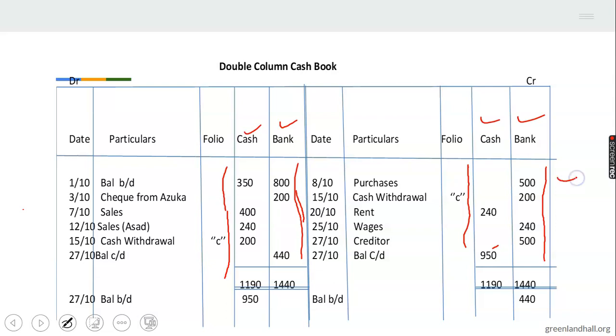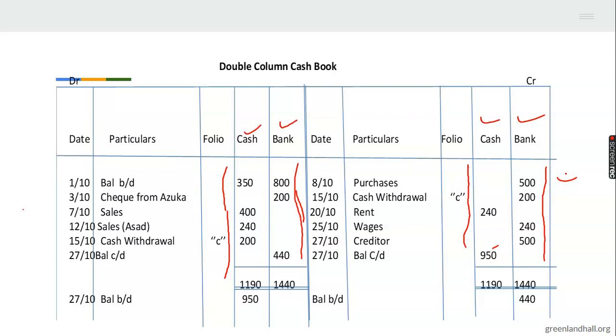That is the credit column of the bank is greater, while the debit side is lesser. Therefore, when you take the total of what you have originally under the bank column away from the total of the credit column, which is 1440 naira, it's going to give us 440 naira, and that will be the balance carried down under the bank column as at 27/10.